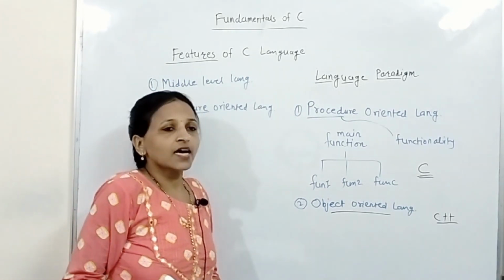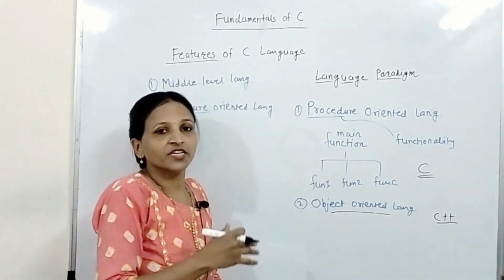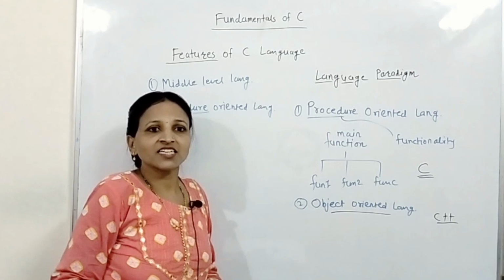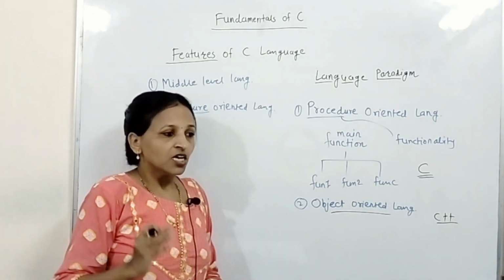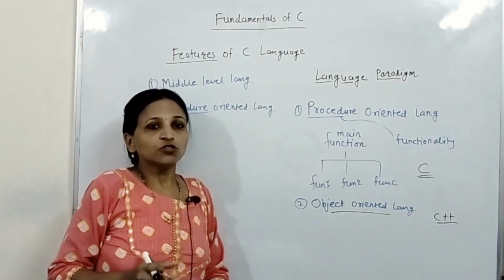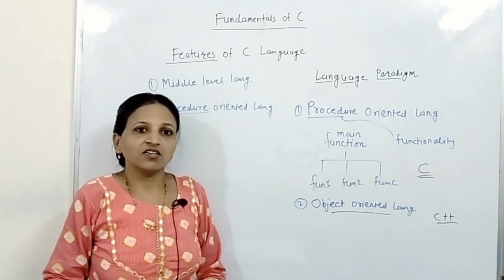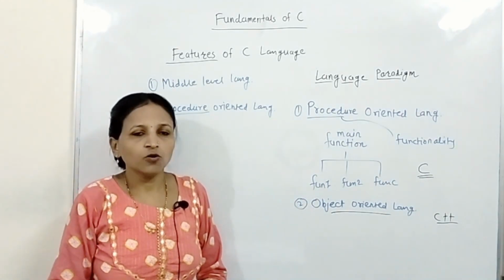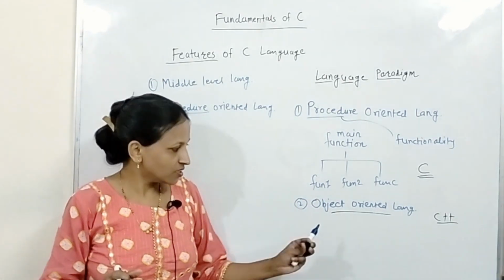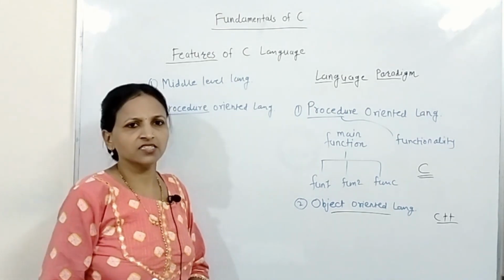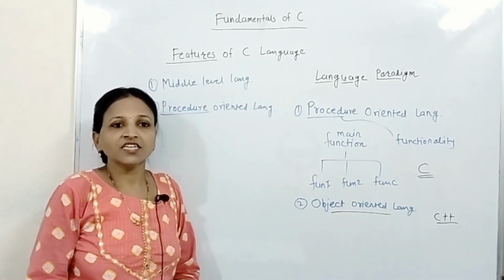Now what exactly is this object oriented language paradigm? What is the strategy used inside this? Consider, to display the area of a circle we have to write a program. But I am thinking in this way: what is the object here?